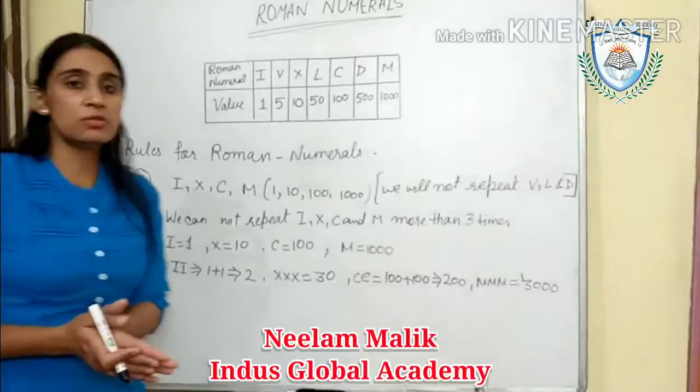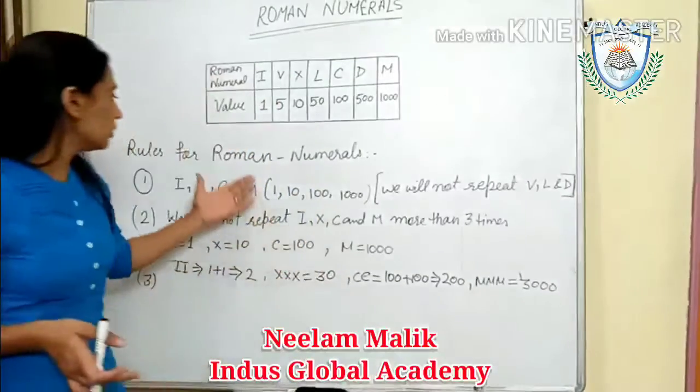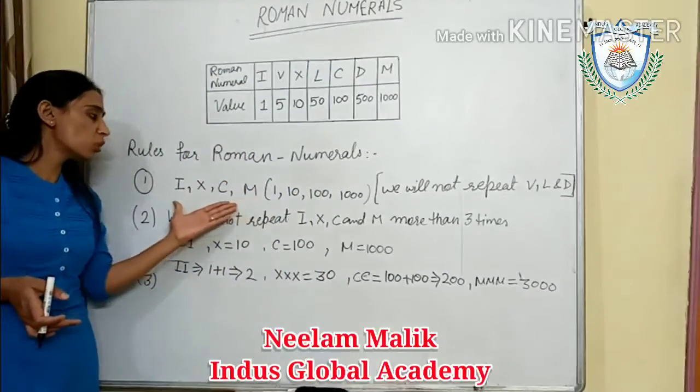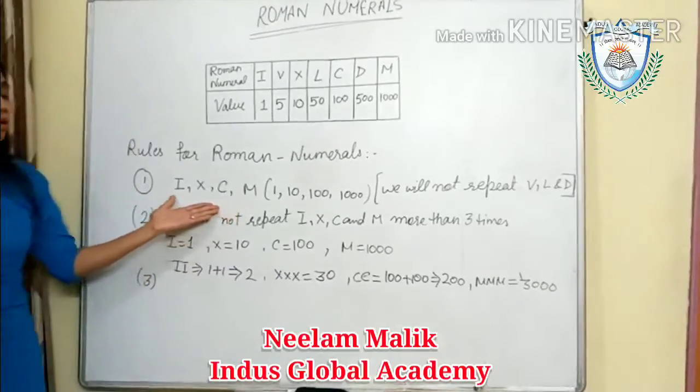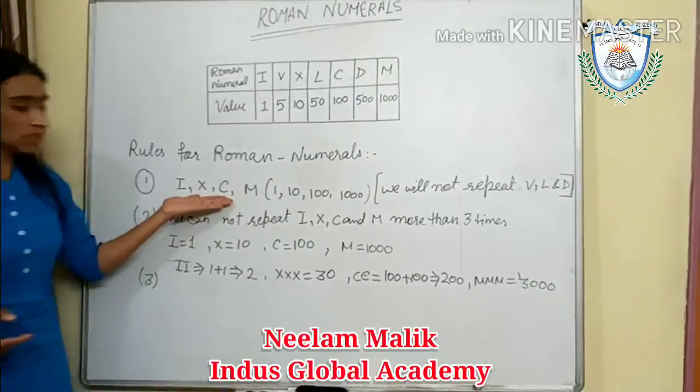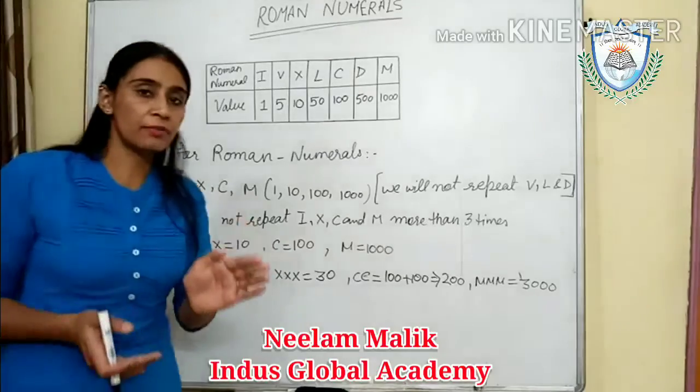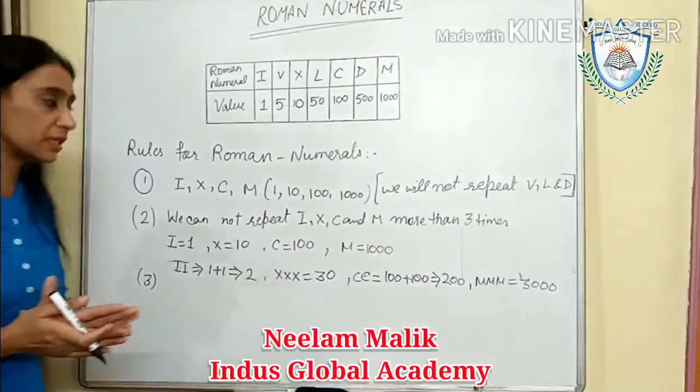So the third rule is, when you are writing any small numeral to the right hand side of a greater number.